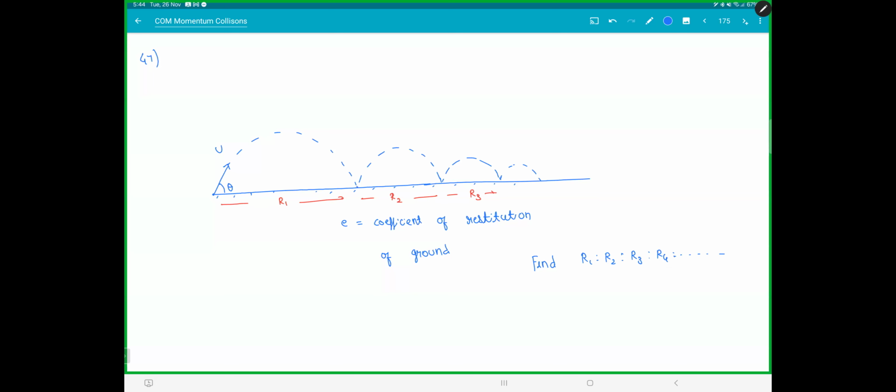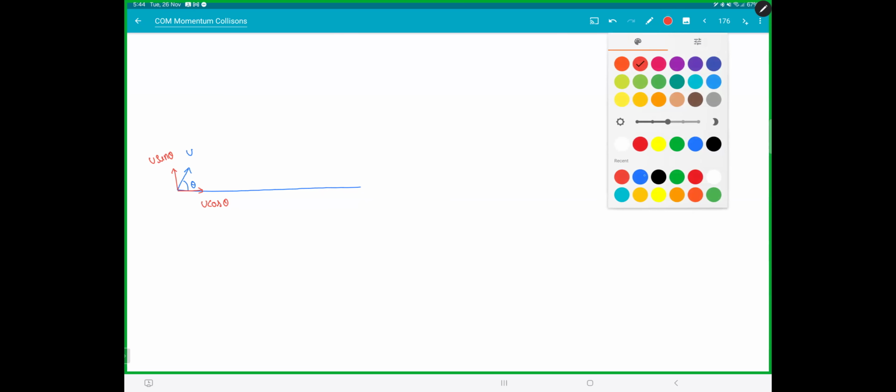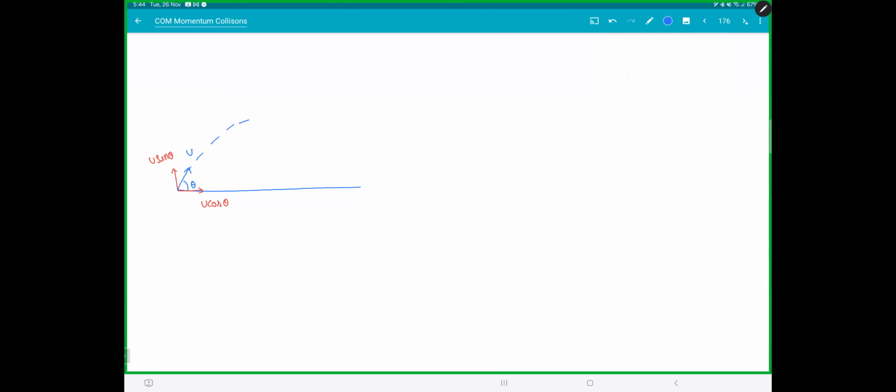Let's see. When this is projected with u and theta, if you look at the velocity, this component is u cos theta, and this is u sine theta. So this thing goes here, and finally when it is landing on the ground, if you look at the velocities, again same thing: u cos theta and u sine theta.